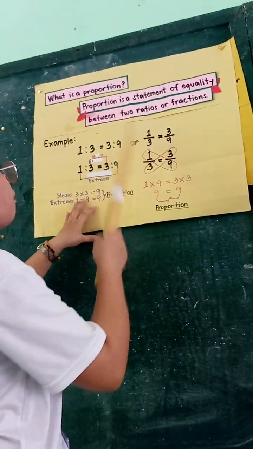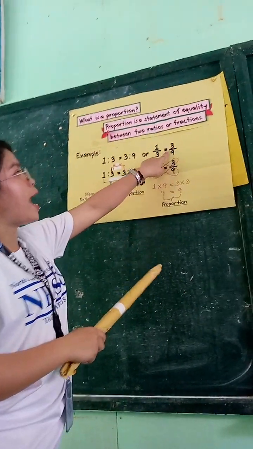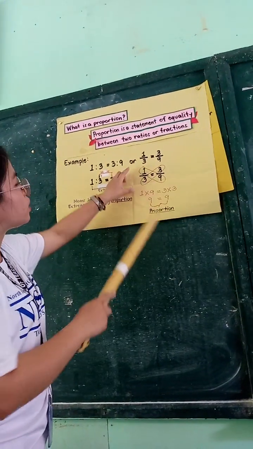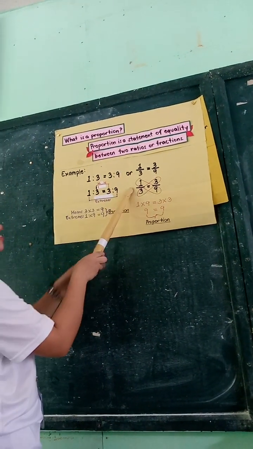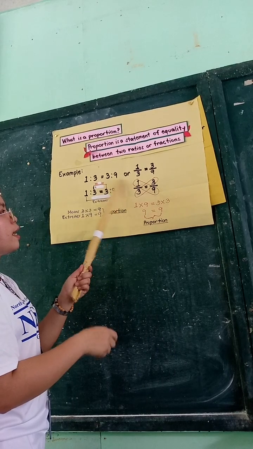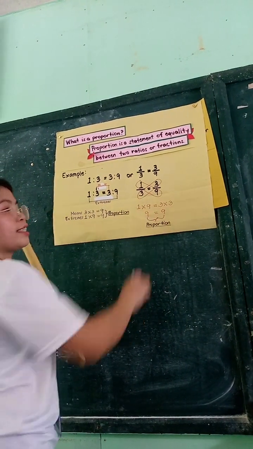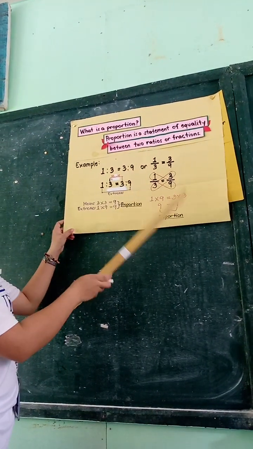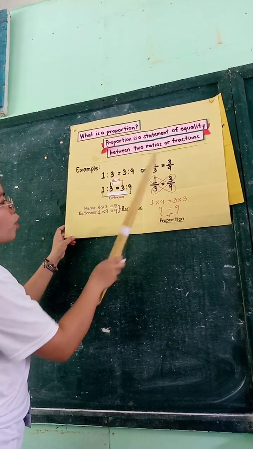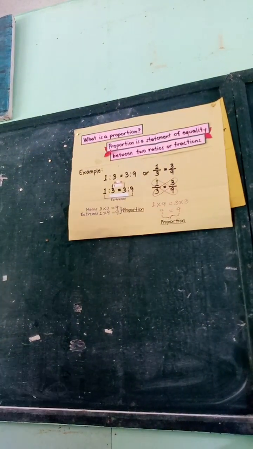So next, this is in fraction form. 1/3 and 3/9, ninths. So we're going to cross multiply. So 1 times 9, 9. 3 times 3, 9. This means that this is a proportion. So next. So do you understand, class?